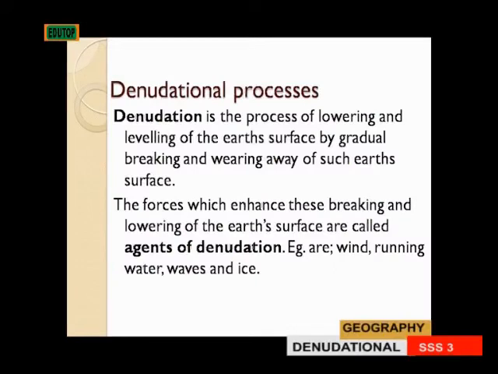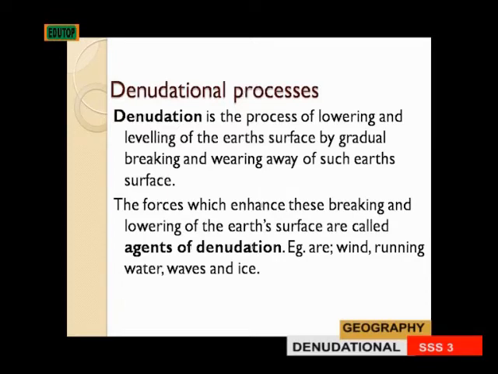So having answered those questions, let's proceed to another subtopic. What we have here is denudational processes. What do we mean by denudational processes? It is the process of lowering and leveling the earth's surface by the gradual breaking and wearing away of such earth surfaces.